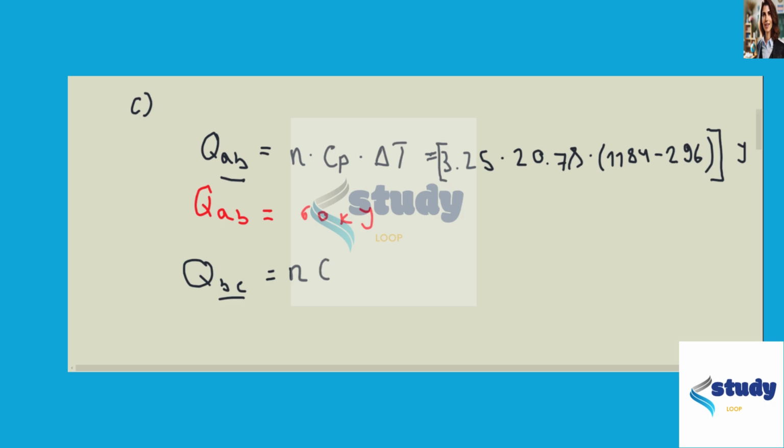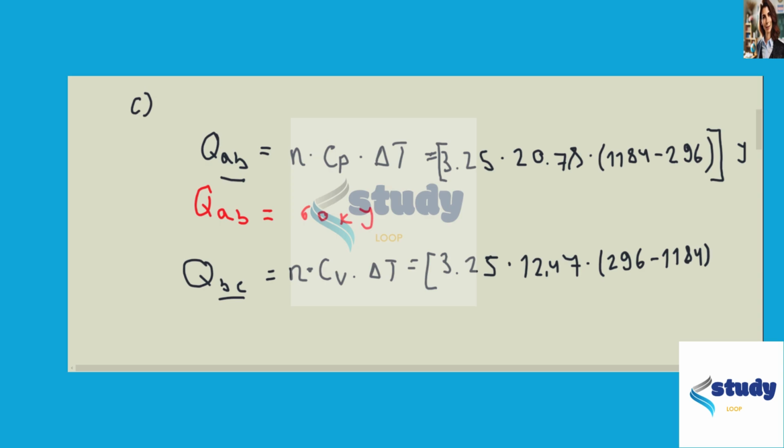This will be the number of moles times C_V times delta T, and we can substitute the values: 3.25 times the different value for the heat capacity, 47, times the change in temperature, which is going to be 296 kelvins minus 184 kelvins. Remember that the temperature at the point C is equal to the temperature at the point A.